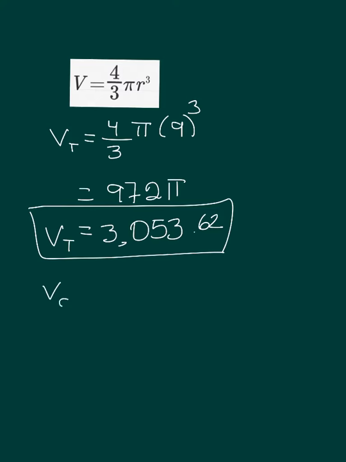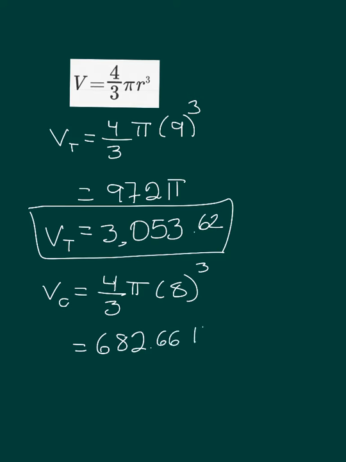Now let's obtain the volume of the center of the grapefruit. That will be using the same formula for the volume of a sphere, 4/3 of pi times 8 cubed, because 8 is the radius of the center without taking into account the peel. That will be 8 times 8 times 8, 512, times 4/3, 682.66 pi.